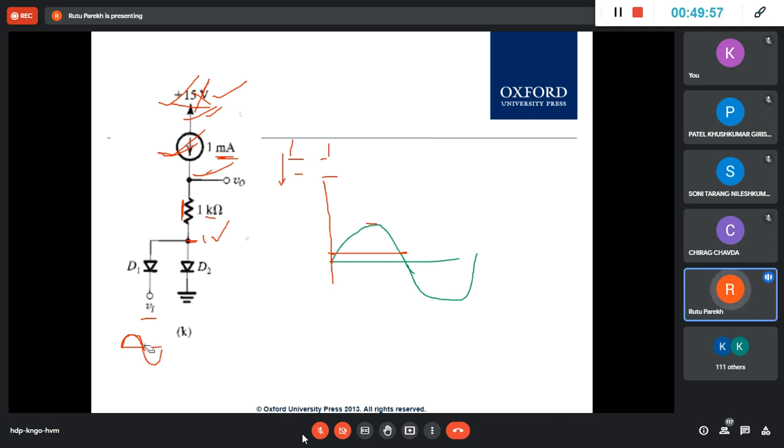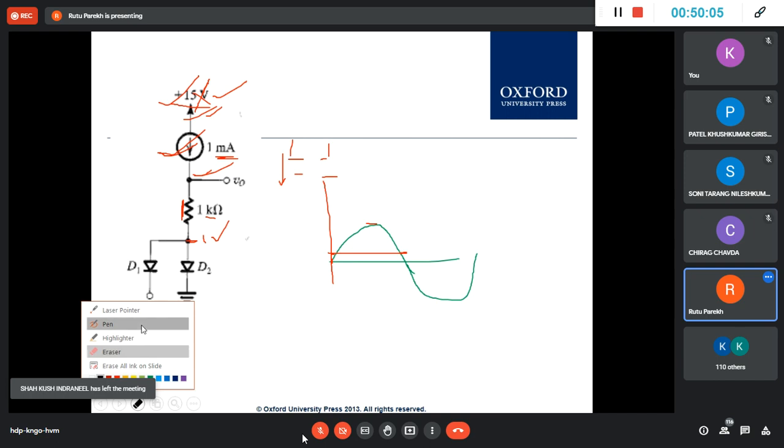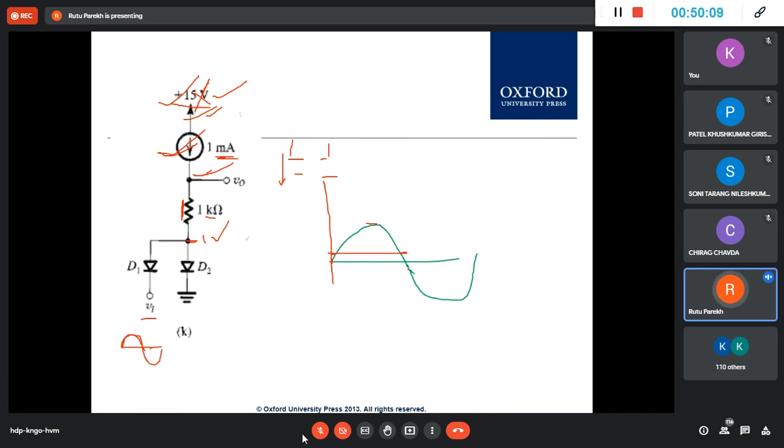Now it is 0, then minus 0.1. We start like that: 0, then minus 0.1, minus 0.2, minus 0.3. That way you start. If it is minus 0.1, 0.2, 0.3, 0.4, 0.5, 0.6, how will this be?